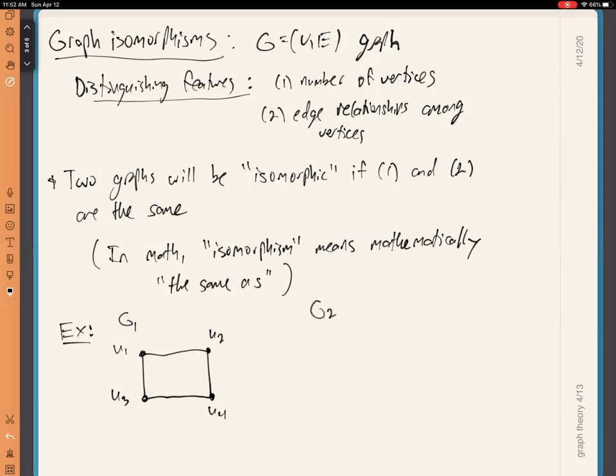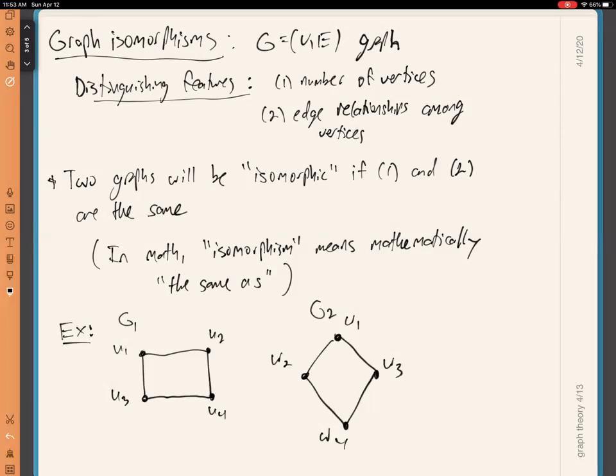Well, let me draw a second graph where, let's say this is W1, this is W2, this is W3, and this is W4. Well, if I look at these two graphs, they both have the same number of vertices, and they also have the same important edge relationships, right? Because you can get G2 from G1 by just rotating G1 by a certain angle, and then maybe stretching the edges a little bit.